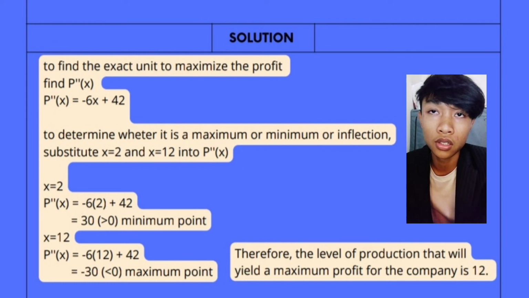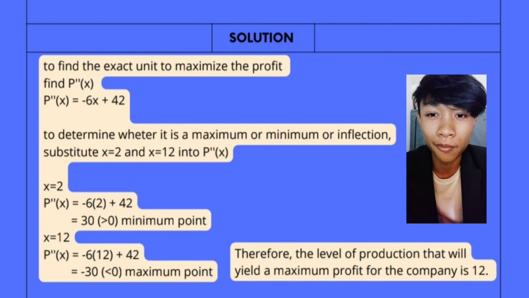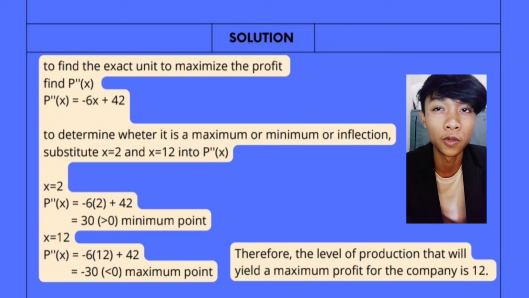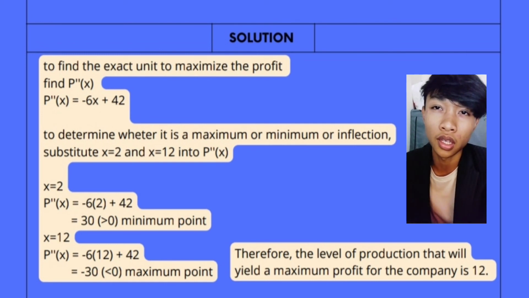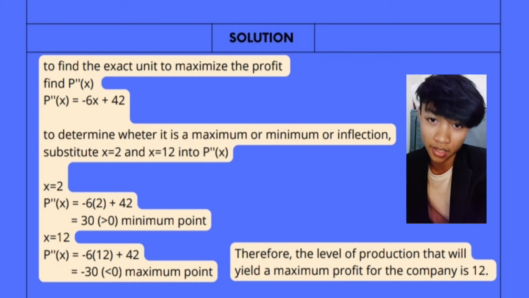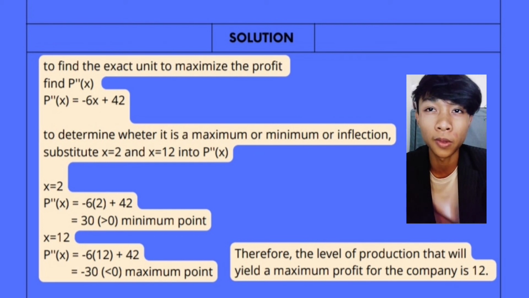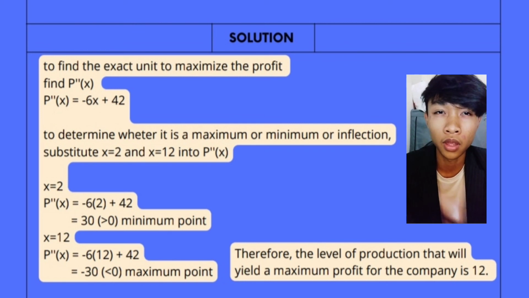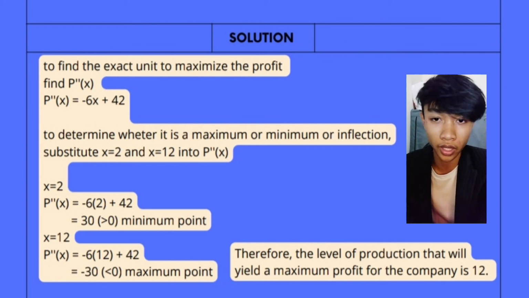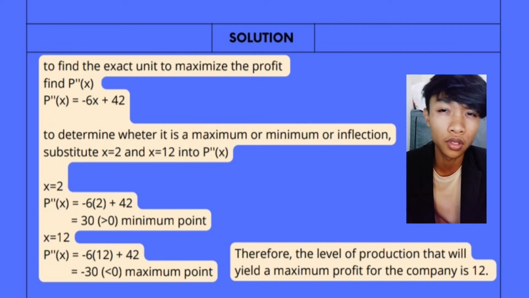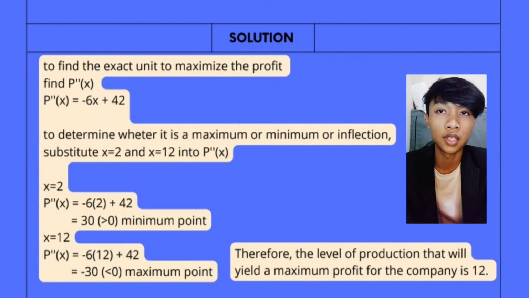To find the exact units that maximize the profit, we need to find the second derivative of the profit function, and we get negative 6x plus 42. To determine whether it is a maximum, minimum or inflection, we substitute the values of x that we calculated just now, which are 2 and 12, into the second derivative profit function.